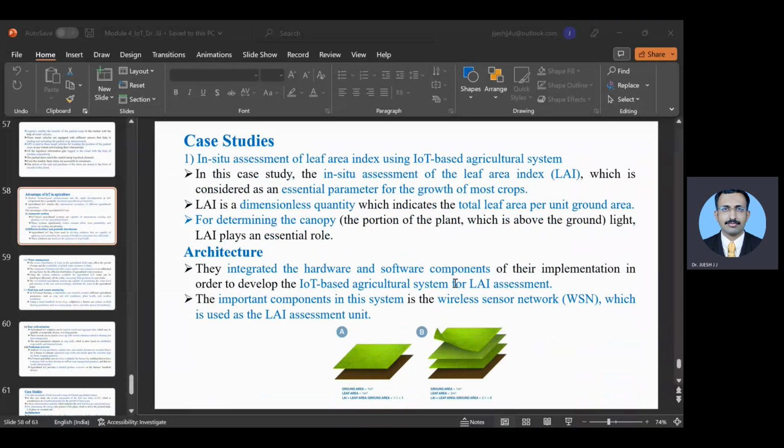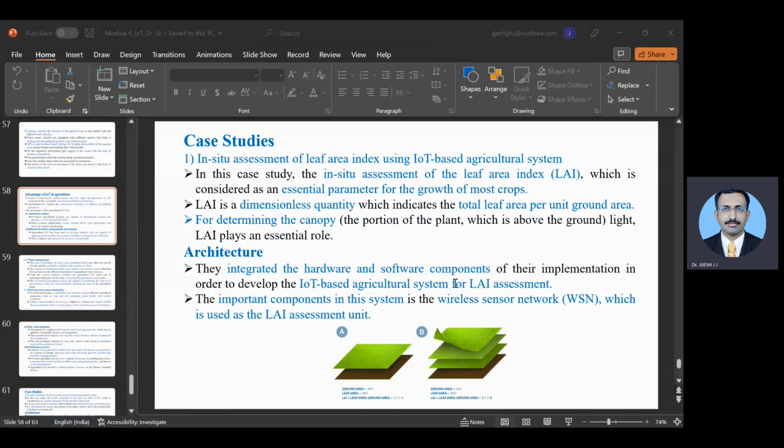If the leaf area is 1 meter square and the ground area is 1 meter square, then the leaf area index is 1:1. But if the ground area is 1 meter square and the leaf area is 3 meters square, as you can see here, in the figure it is very clear, then the leaf area index is 3:1. This is just for you to get a clear idea of what leaf area index is.